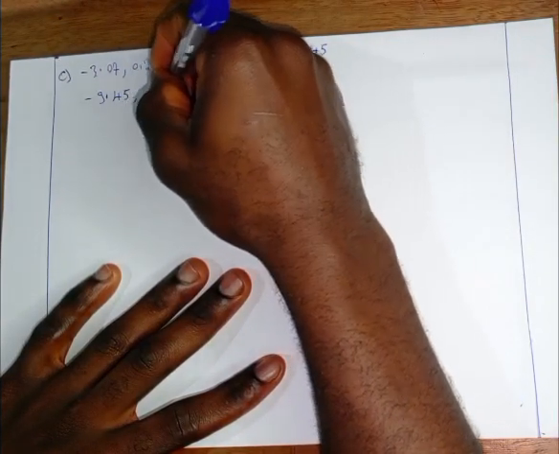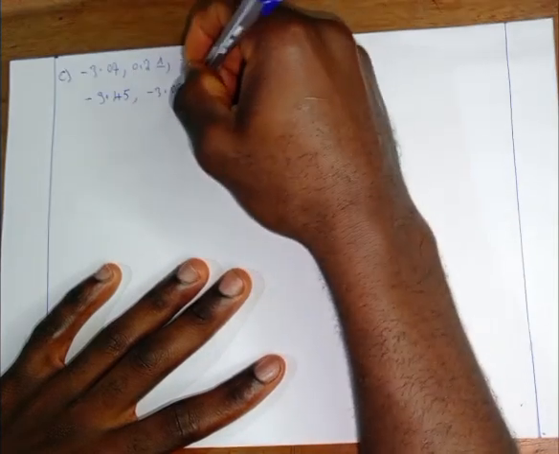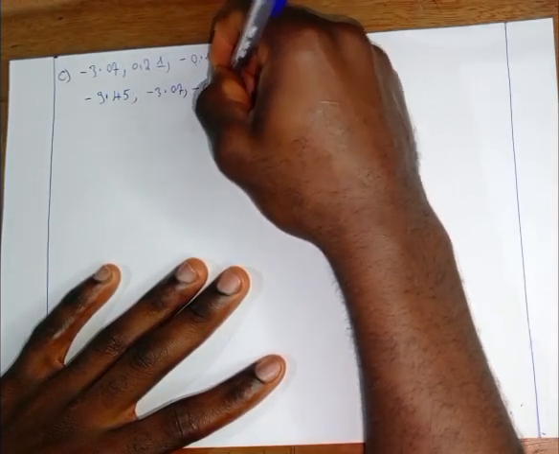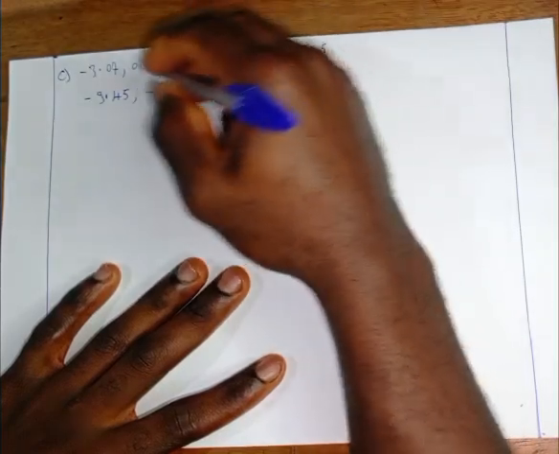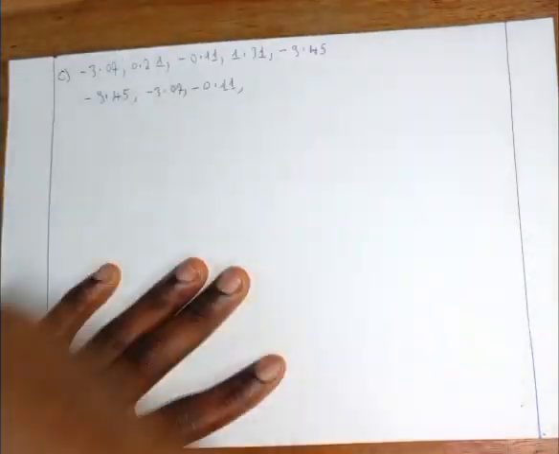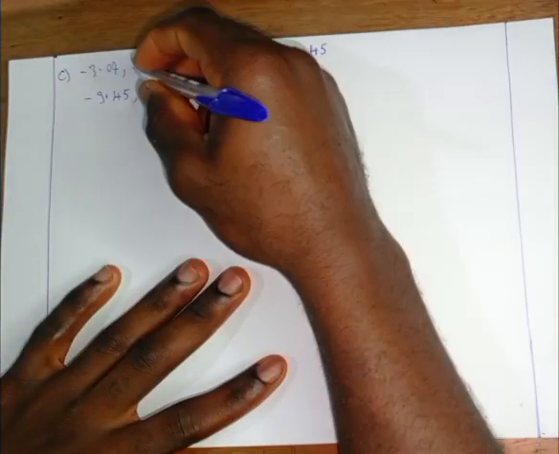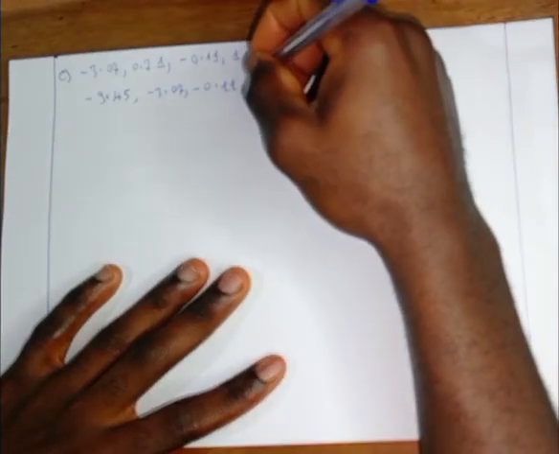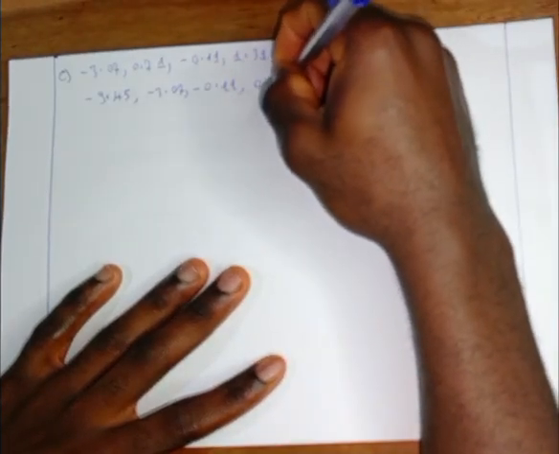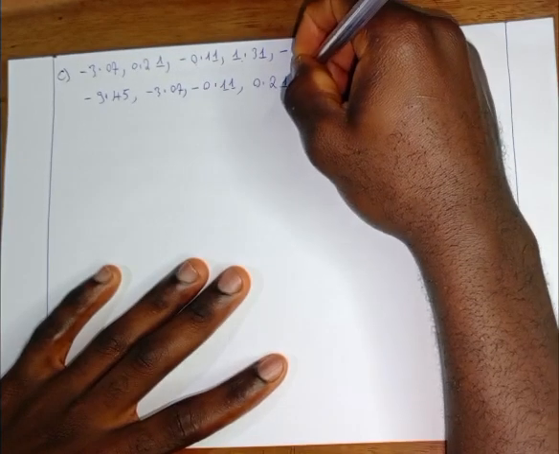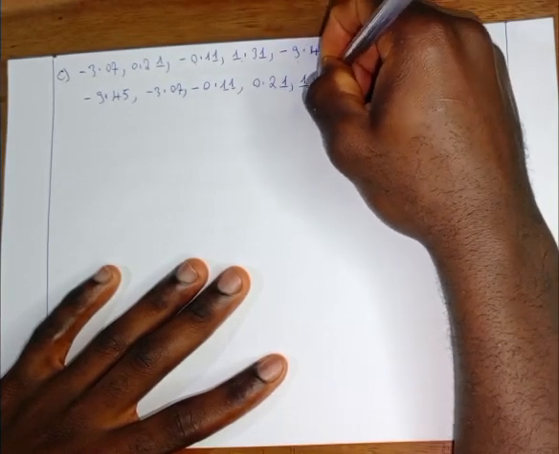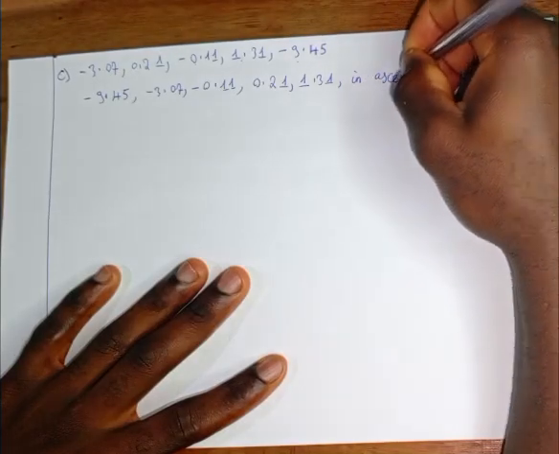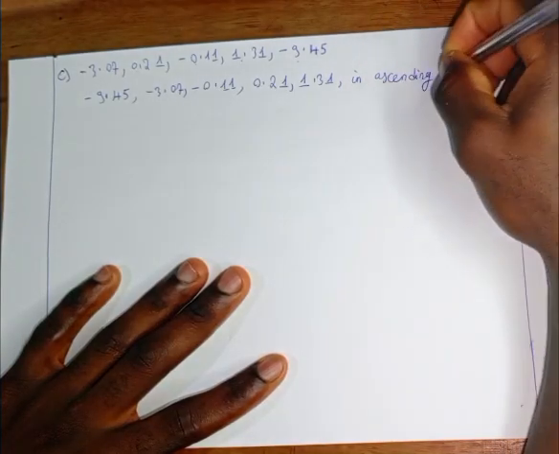Negative 3.07 is the next, followed by negative 0.11. Now we are left with two positive decimals. Here the whole number part is 0, here the whole number part is 1. We know 0 is less than 1, 0.21. And lastly, 1.31 in ascending order.